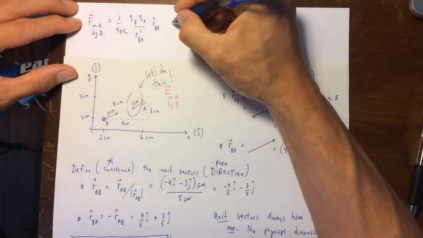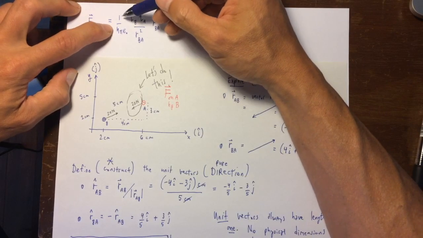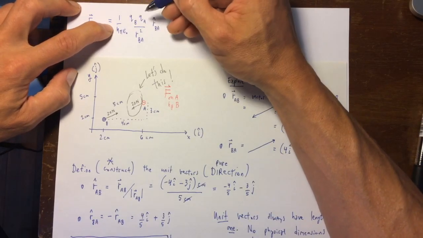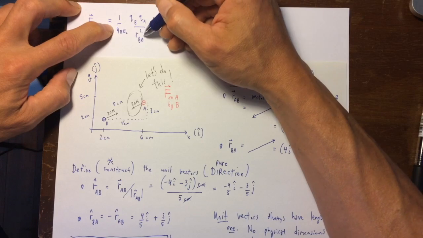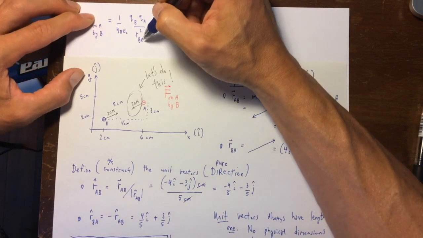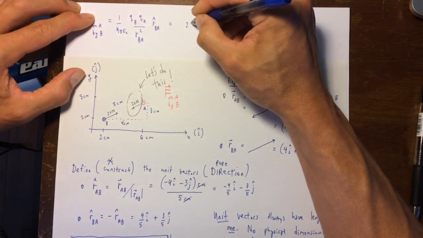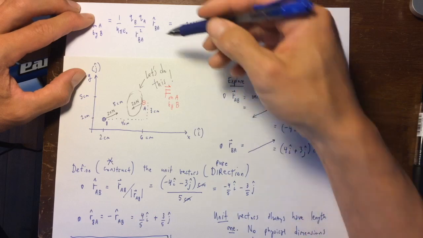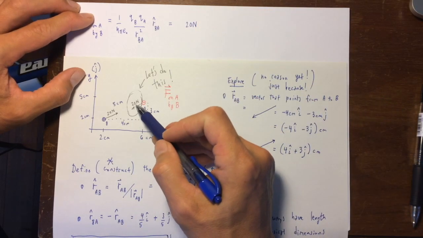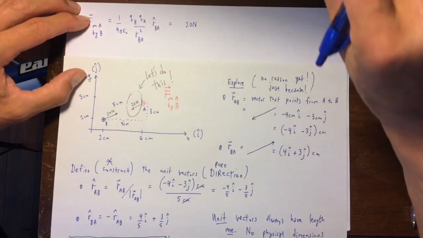Cool. So let's go fill this in. 1 over 4 pi epsilon naught times Q_B times Q_A over this 5 centimeters squared, I actually already calculated what this is. It's going to be 20 newtons. That's what we arrived at. But I'd like you to remember something really quick.